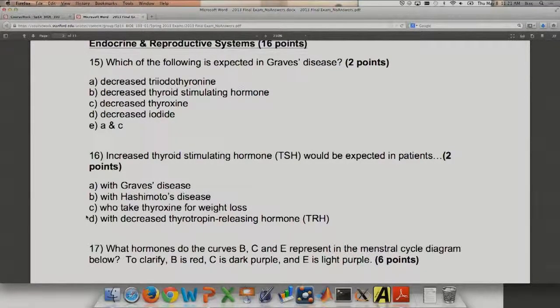Well, that's what James was trying to explain. You want to draw that? So if you have high thyroid hormone, what happens to your feedback loop?